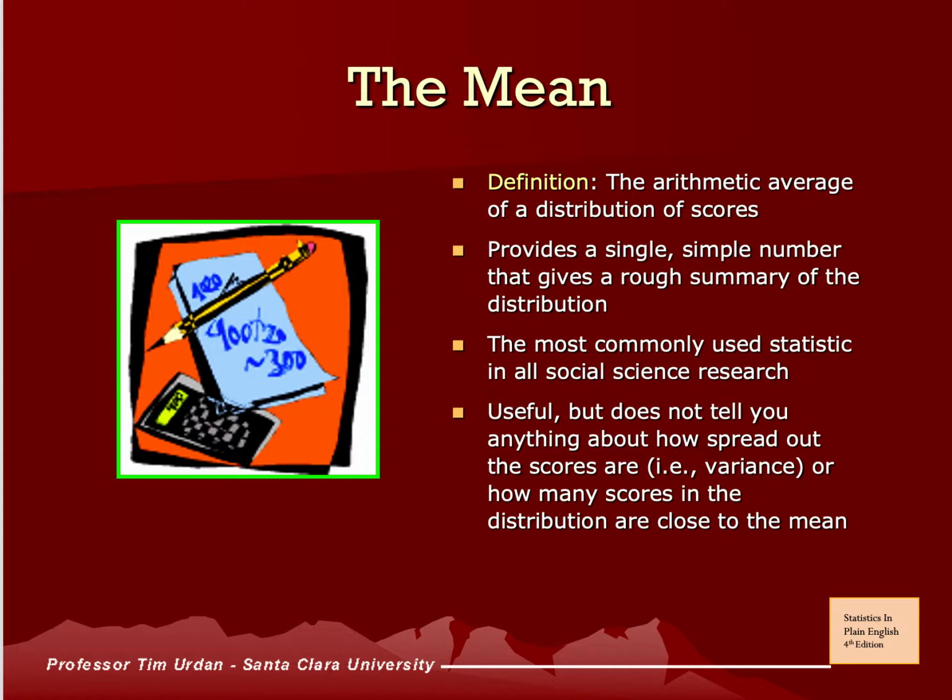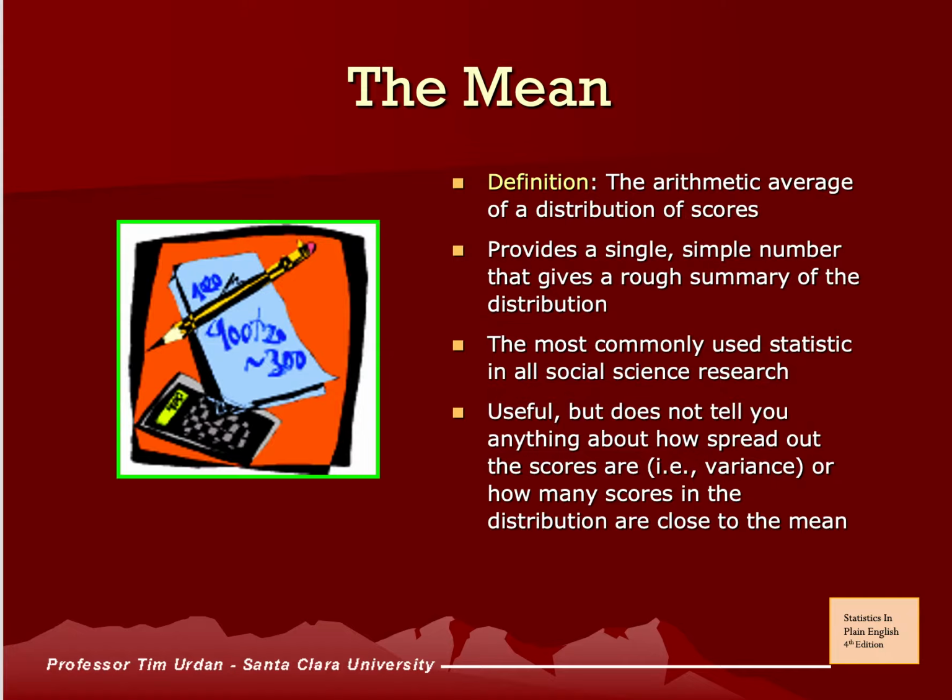It is pretty useful. However, it doesn't tell us anything about how wide the scores are. So if I tell you that the mean of my neighborhood sales is 200,000, you wouldn't know that some houses sold for 350,000. And if you were pricing your house, you'd probably want to know if things sold for 150,000 more.